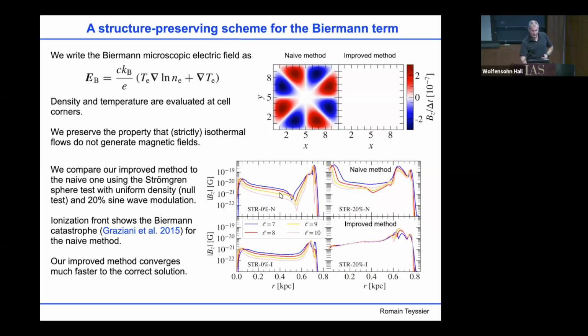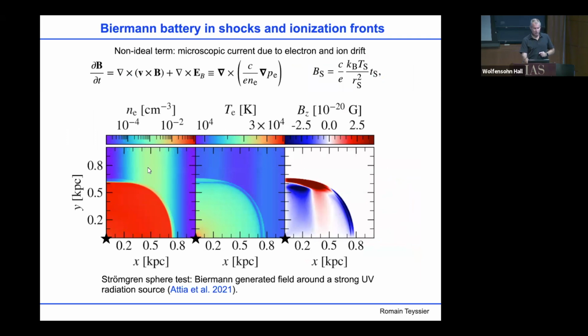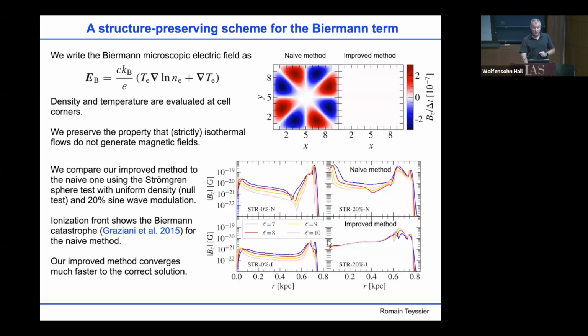So you see that the improvement here, when you move from the naive method to the improved method, is basically 1 to 2 orders of magnitude lower field. So it's a lot. Right? So it's clearly here a big improvement in the quality of the numerical solution. And you can see now, so those are the two right panels. You can see that with 20% modulation, which is exactly this test here that I'm showing, the improved method converges to the right solution much faster.